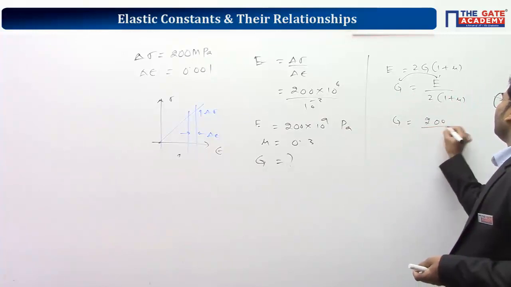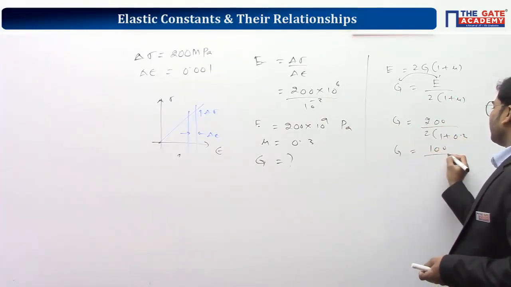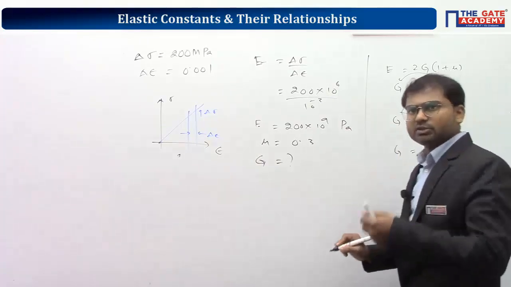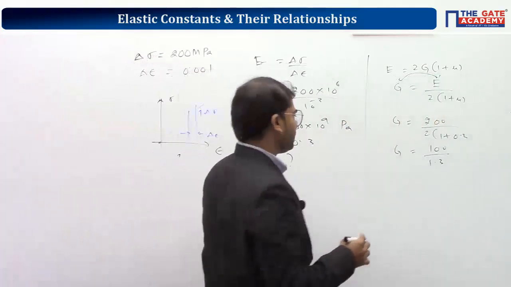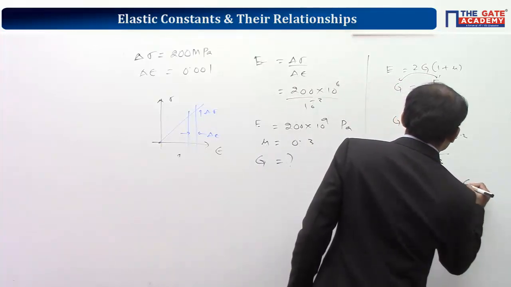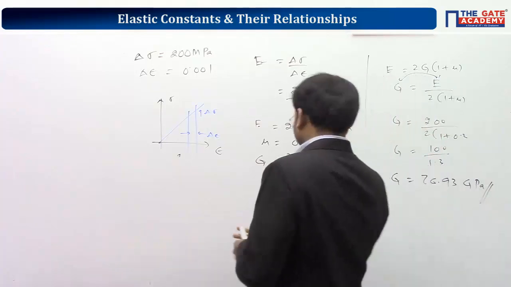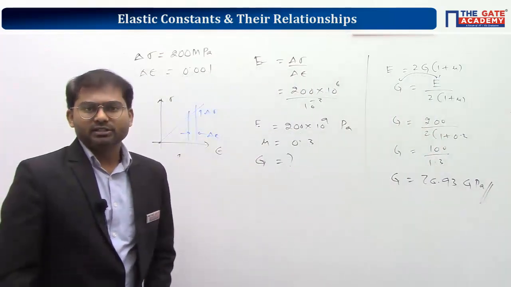So 200 by 2 into 1 plus 0.3. G becomes 100 by 1.3, which comes out to be 76.93 gigapascal. So G is equal to 76.93 gigapascal. That's the value of this rigidity modulus G.